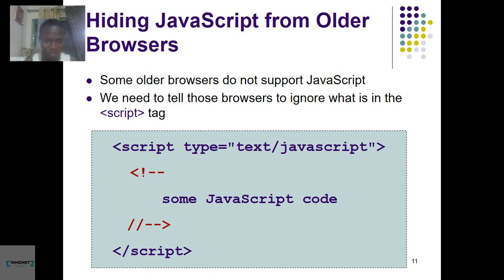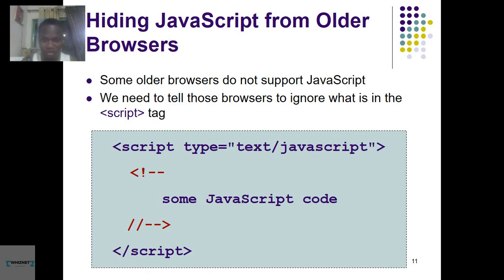Another is we need to tell those browsers to ignore what is in the script tag. So what does this mean? Nowadays, most web applications maybe we develop with React, which is like JavaScript, so there's a browser that cannot display it.